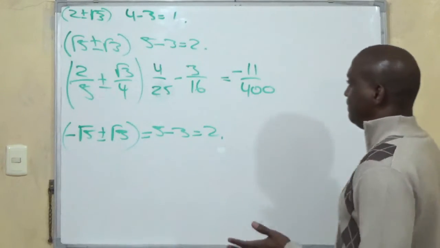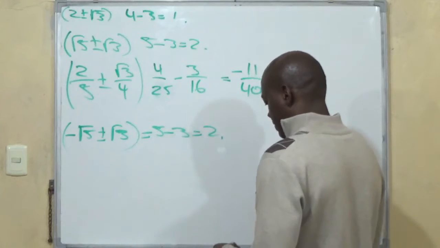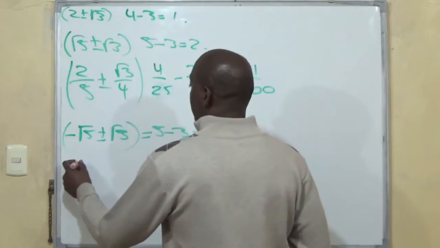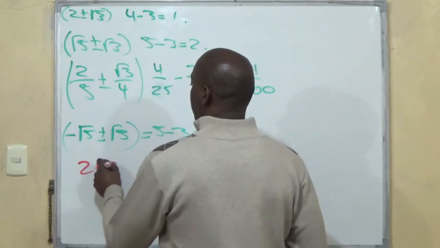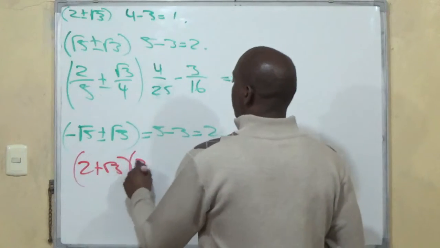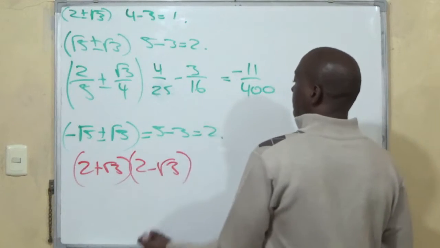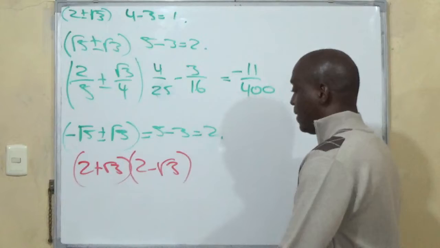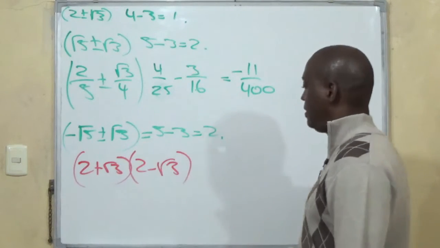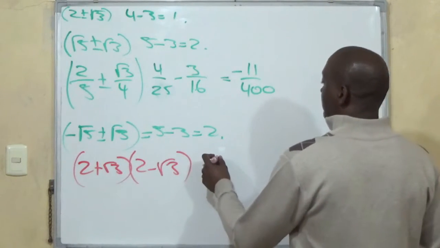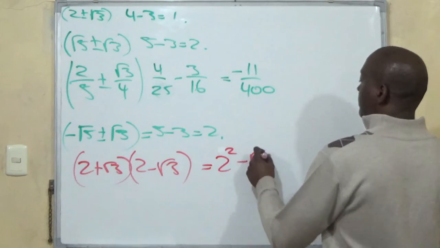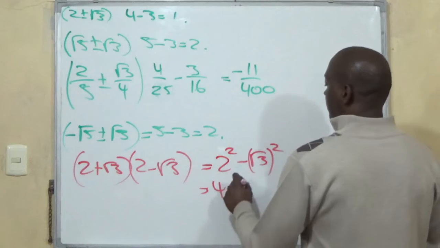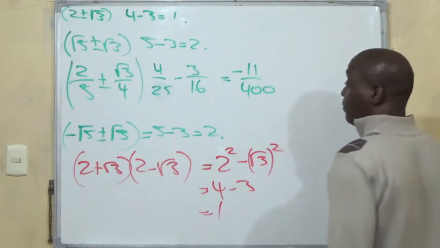So for example, 2 plus or minus root 3: that was basically 2 plus root 3 into 2 minus root 3. Difference of 2 squares. As soon as you see this, you know immediately that the answer is 2 squared minus root 3 squared, which is 4 minus 3, which is equal to 1.